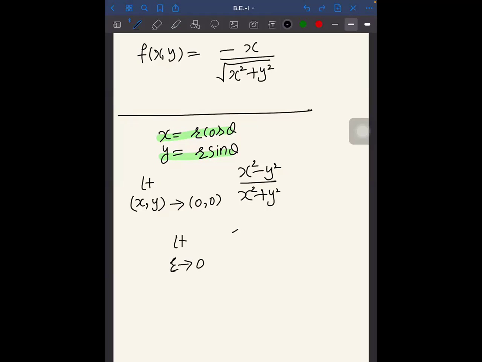So we get (r^2 cos^2 theta - r^2 sin^2 theta)/(r^2 (cos^2 theta + sin^2 theta)), where cos^2 theta + sin^2 theta is 1, right?